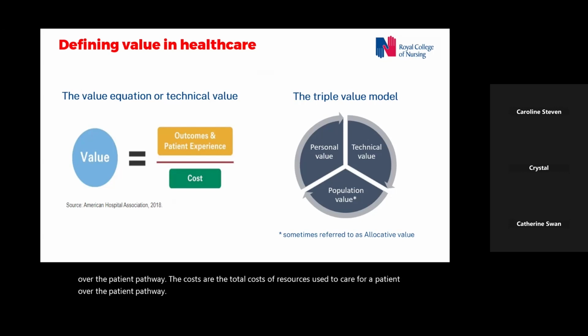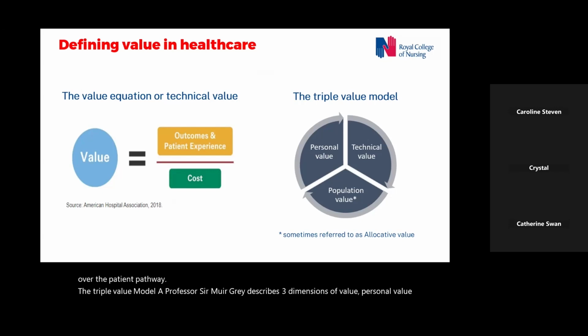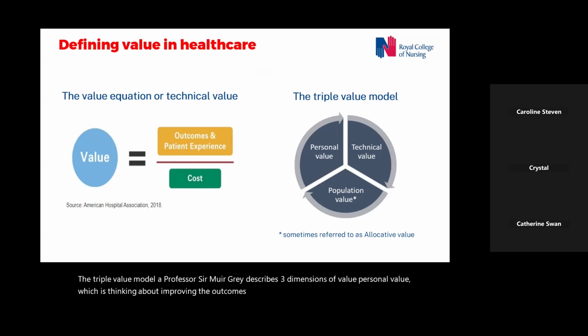The triple value model: Professor Sir Muir Gray describes 3 dimensions of value. Personal value, which is thinking about improving the outcomes that matter to an individual for a given amount of resources used, not only by the health system, but also by the individual and their family, recognising that experience of care is a critical element.